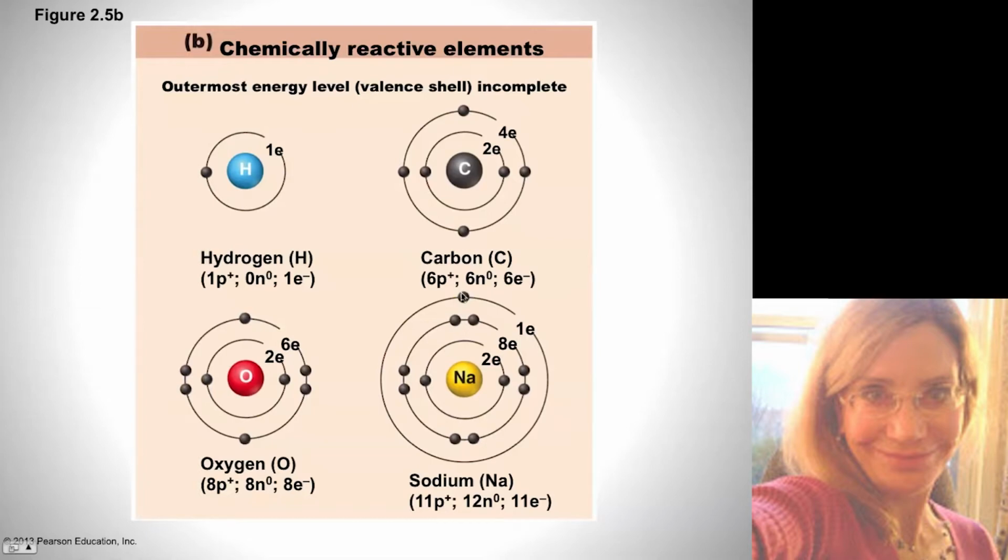What it will do is lose that electron to another atom, and then it will have a complete valence shell because the second shell becomes its outermost shell now. That creates a situation, though, that we will see in a minute. Once that sodium atom gives up an electron, it's going to end up with a positive charge.